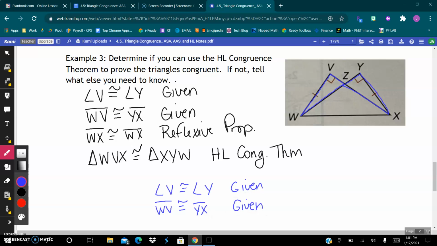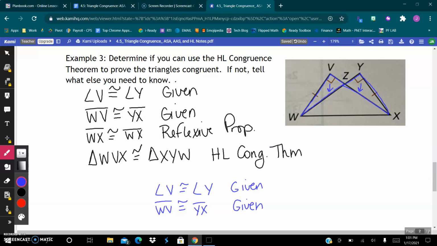So the only thing we have is a leg. Remember, this is the hypotenuse across from the 90-degree angle, and we don't have any way of proving that they're the same. We don't know anything about that triangle that's underneath of them, any angle measures, any side lengths.